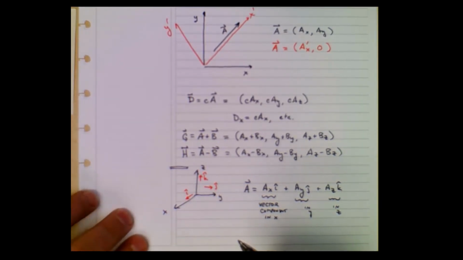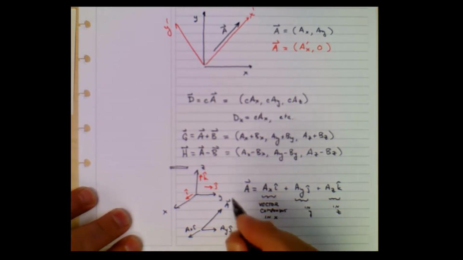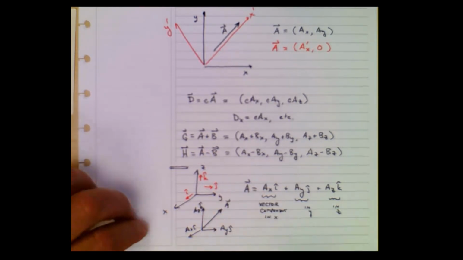So if you were to draw this out, if vector A is in some direction like this, then here would be the part we have called ax I hat, and here would be the part we have called ay j hat, and here would be the part we would call az k hat.